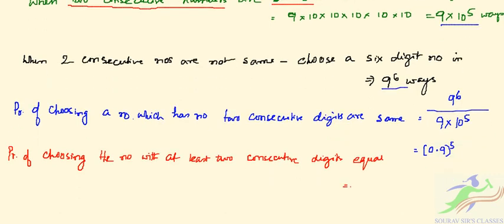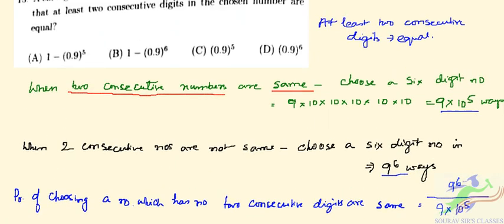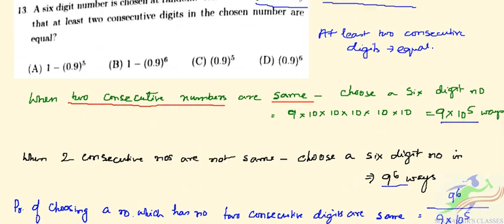It will have just 1 minus 0.9 to the power 5. So this is our correct answer. So for question number 13, we have the correct option as A, that is 1 minus 0.9 to the power 5.